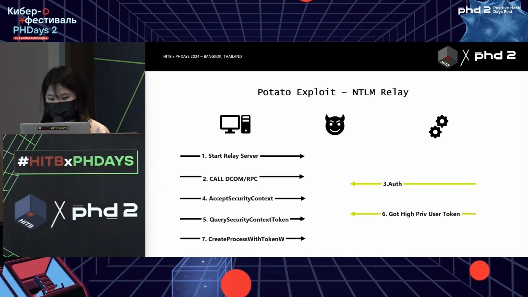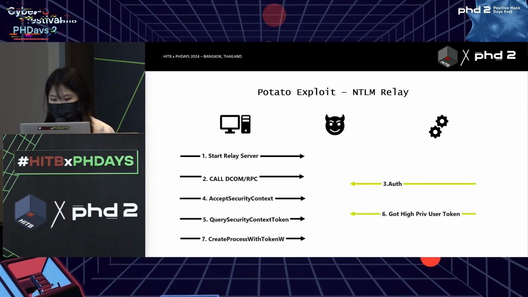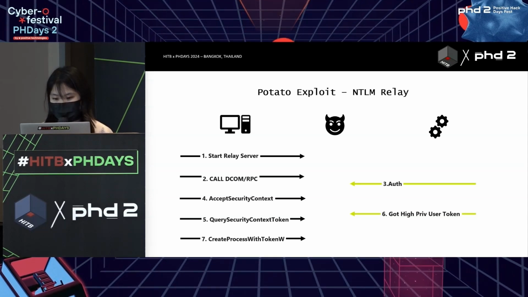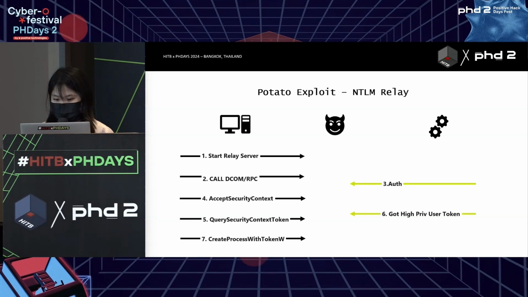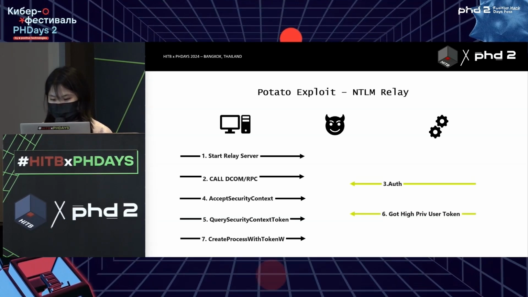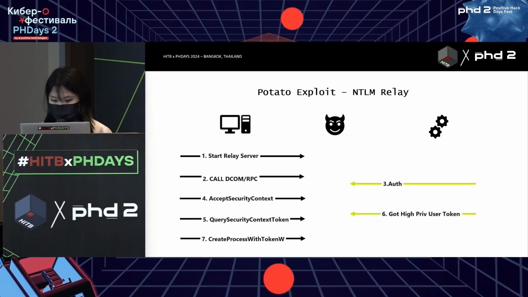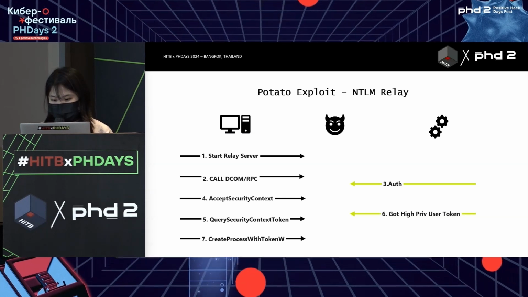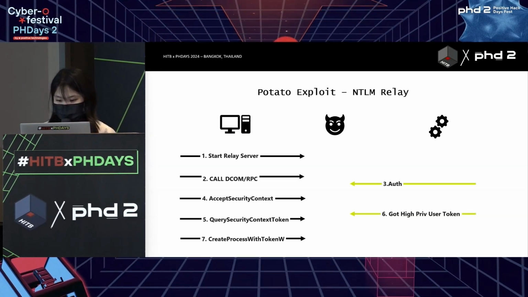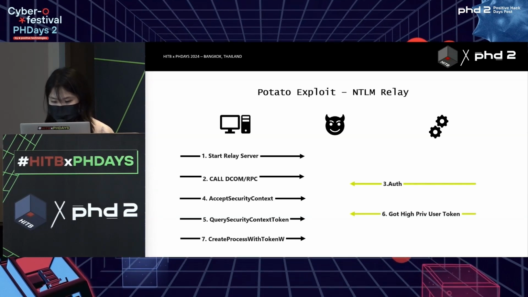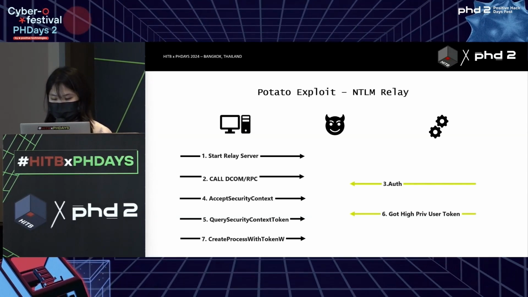The second step is to let a high-privilege user initiate authentication to us in some way. For example, GodPotato uses the authentication obtained in ResolveOxid2. In the third step, a user with authority comes to authenticate to us. The fourth step is to call the AcceptSecurityContext method to relay.